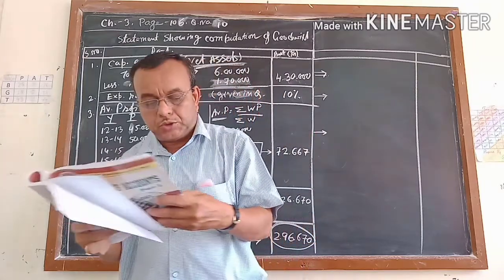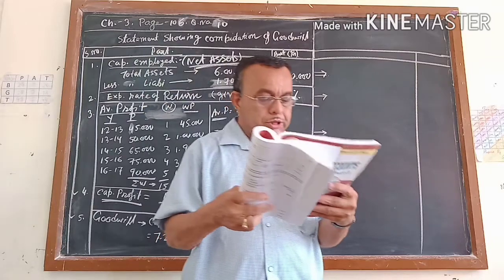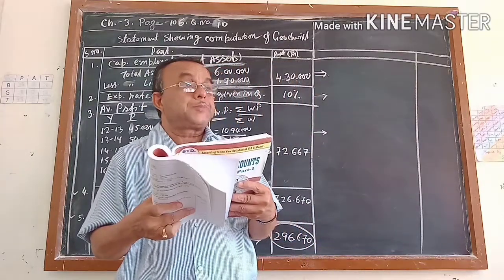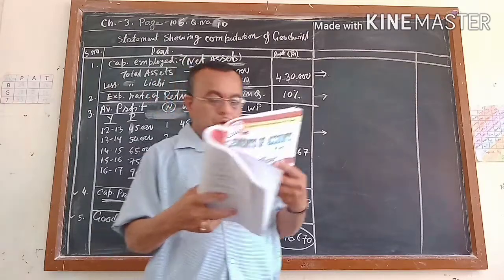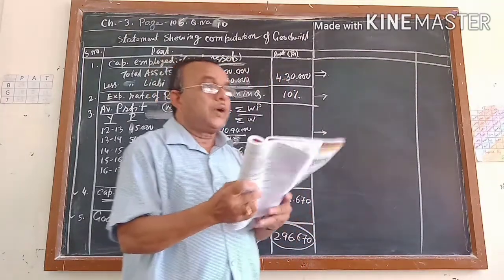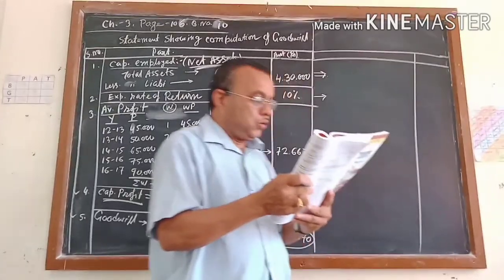The simple average profit method will apply because profits are given as fluctuating and numbers of years purchased is not given. Let me explain this sum.